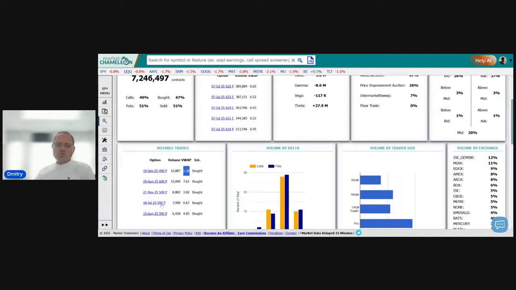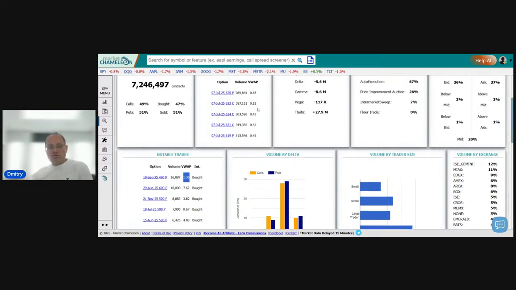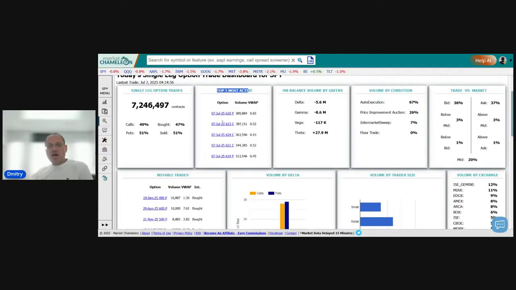So one thing we could take away from here is that the five biggest notable trades that we detected were actually not part of the most actively traded options. September 19th, that's not July 7th, that's further out, August 29th.